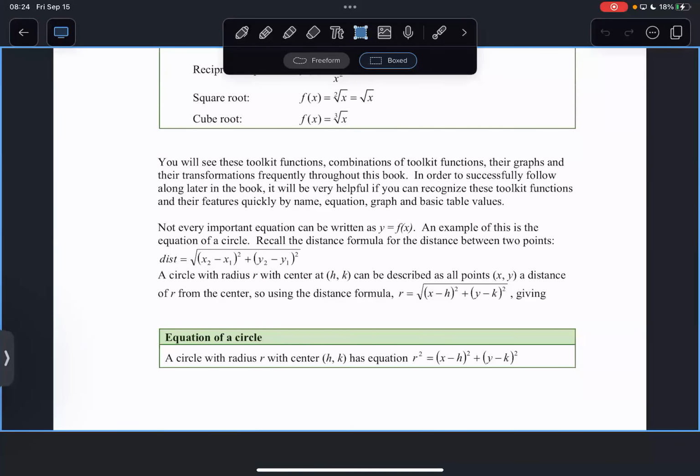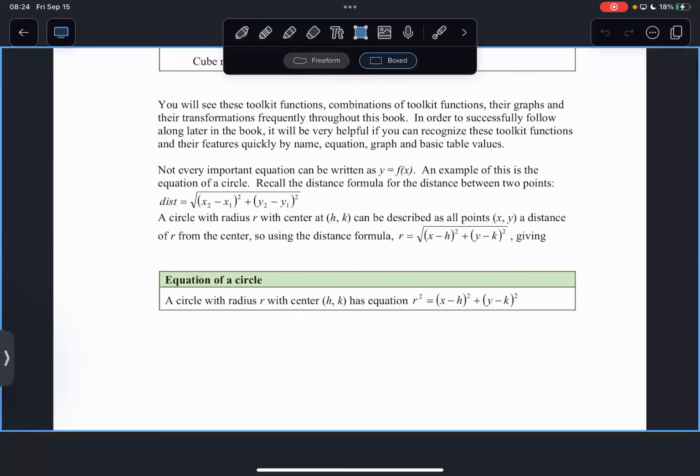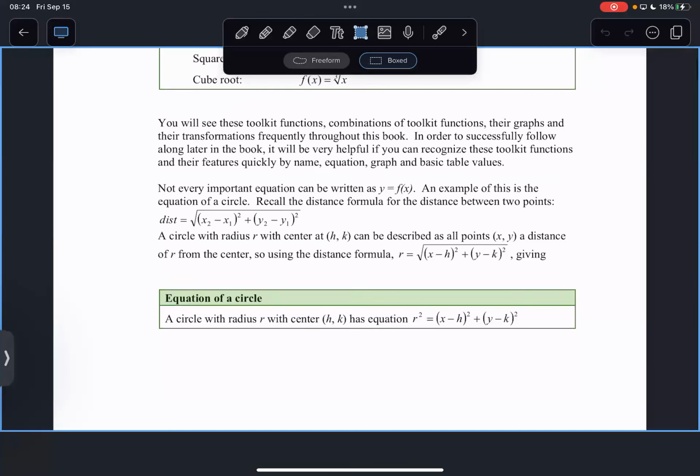So often we do a combination of functions, and that's why we need to know the building blocks. Just like learning the alphabet, I guess, in order to write. Although I don't really see how it helps, but maybe that's a stupid thing to say. Do you need to know the alphabet to write? I guess.